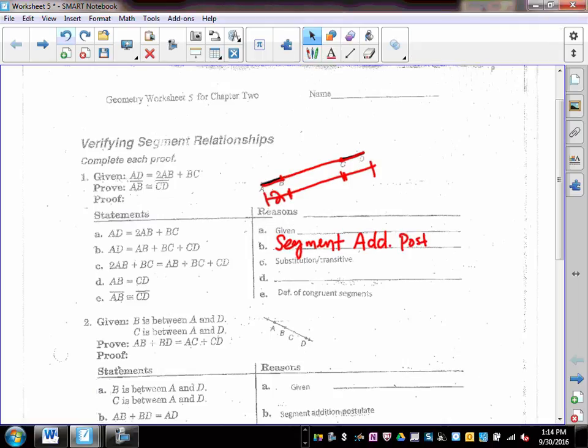Okay. And what did they do from B to C? Right, I see said substitution transitive, but what actually happened? What did they substitute? AD plus BC. Good. So here's AD. They took this and substituted in for AD.